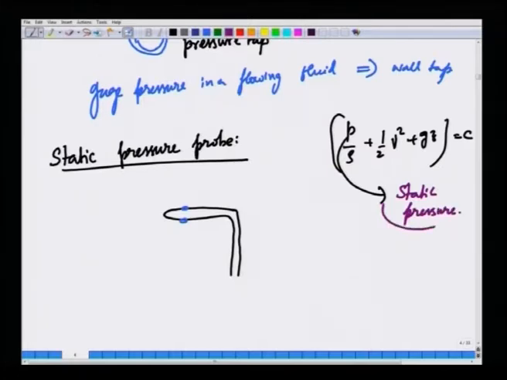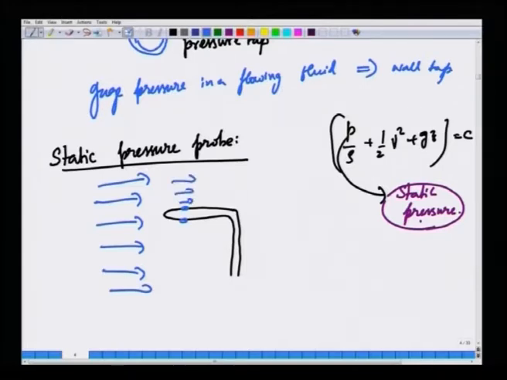One way to measure the static pressure, that is the pressure in a flowing fluid, is to use a wall tap. Another way is to introduce the static pressure probe, which is a very thin tube shaped like this. Fluid is flowing like this, and this region will therefore feel the pressure of the flowing fluid.